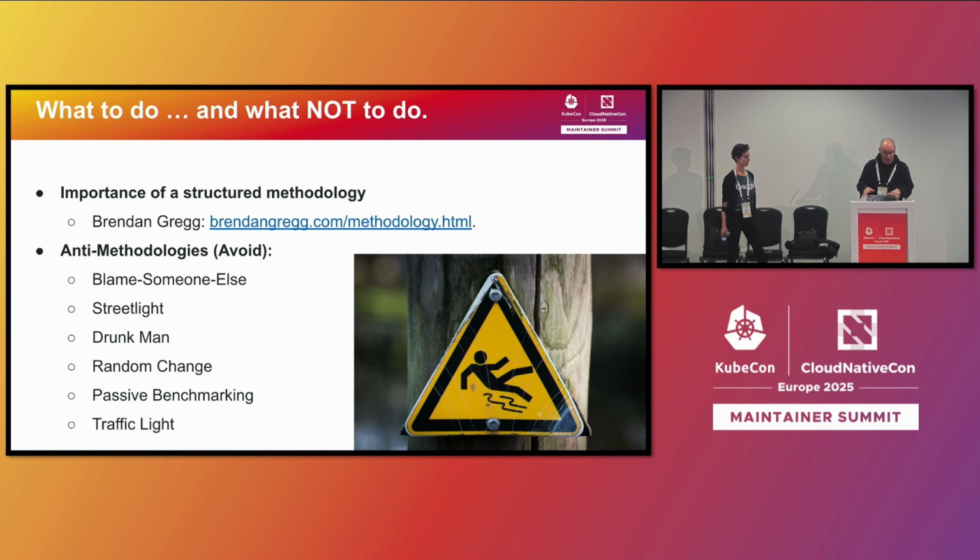That's similar to the random change, where what I want to do is improve performance, so I start to tune different things and modify things and see how the results change. Then you also have passive benchmarking, that is, I just run all the benchmarking tools that I know and show the results, and somebody will figure out something from the results. Or the traffic light, that is, if everything is green, everything is working.